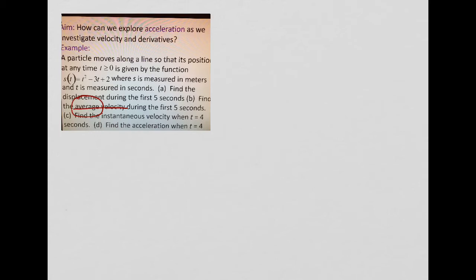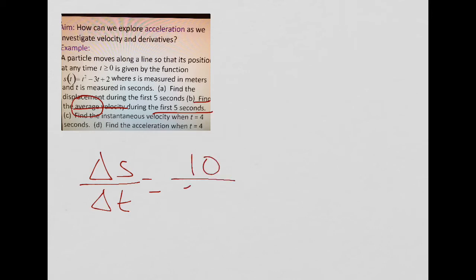So we actually already found the numerator part of it from doing displacement. It has a change of s, and we just need a change of t. So in this particular part, we need to take the 10 we got from doing a change of s and divide it by 5 minus 0, okay?